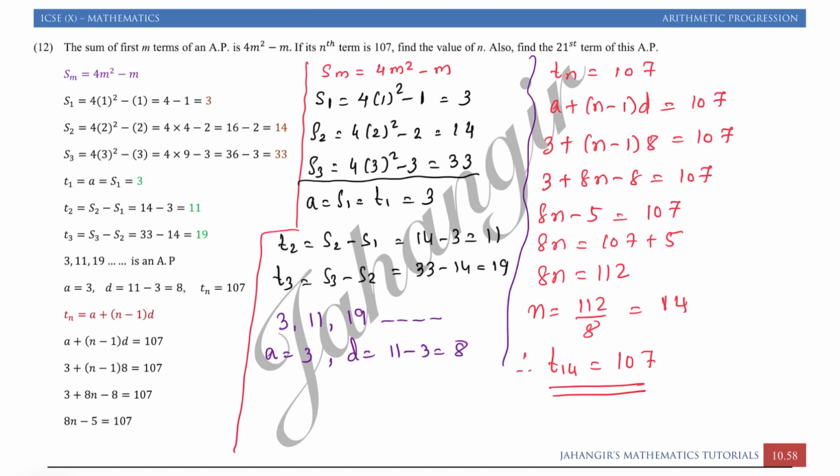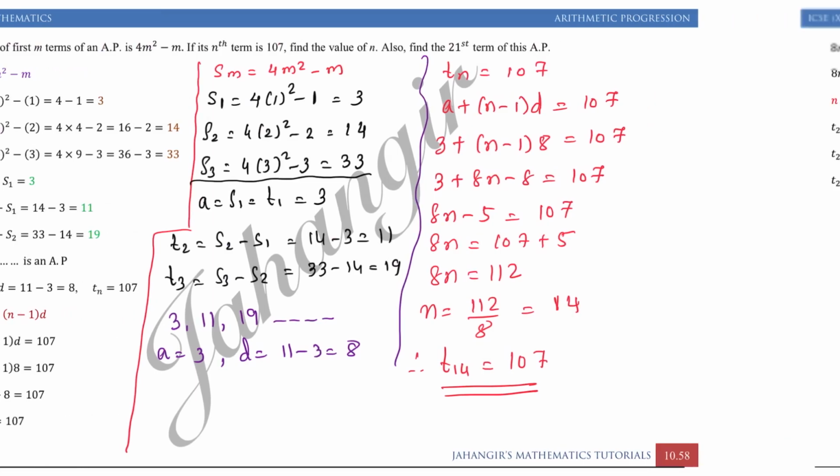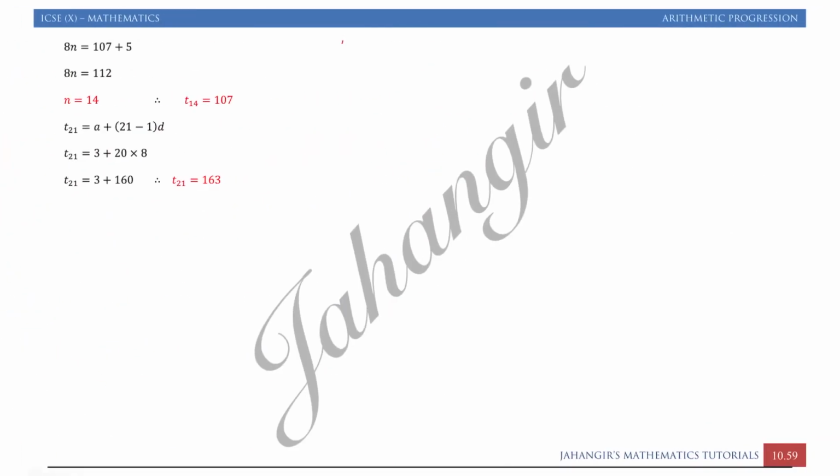Now again we also have to find the 21st term of the AP. We know A, let us write it down. A is equal to 3, D is equal to 8. We have to find T21, the 21st term.